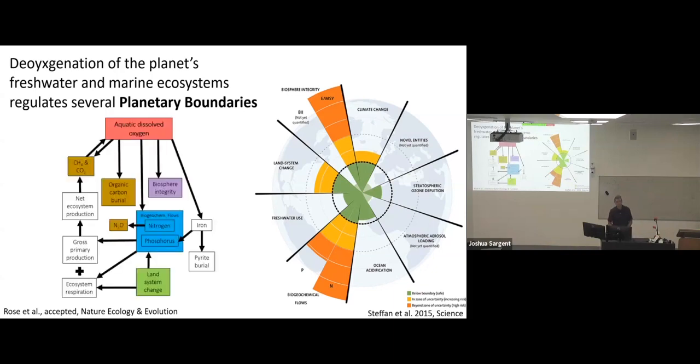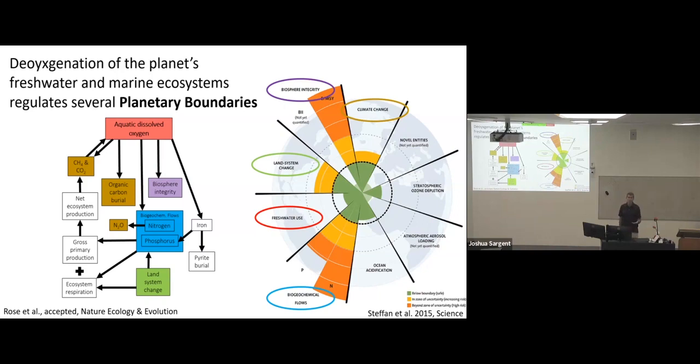And when we look at aquatic dissolved oxygen, not only looking at freshwaters now, but looking at marine ecosystems and coastal ecosystems, aquatic dissolved oxygen and the trend toward deoxygenation regulates a lot of these other planetary boundaries, and sometimes in complex ways, right? Aquatic dissolved oxygen, by altering whether the dominant form of metabolism is anaerobic or aerobic, alters whether we end up with CO2 production or methane production, and hence feedbacks to climate change, and regulates the rate of organic carbon burial or nitrous oxide production, et cetera.